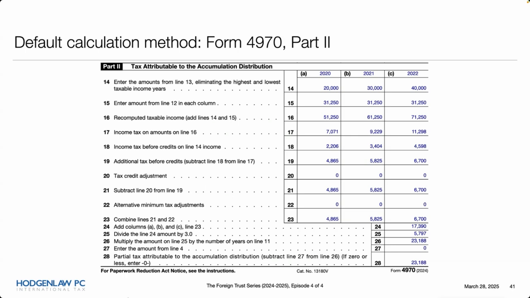And we have a total tax of $23,188, which is the additional tax that this averaging method says would have been paid by the beneficiary if the trustee had made current distributions instead of accumulating income for a while. So 23,188 is your number.